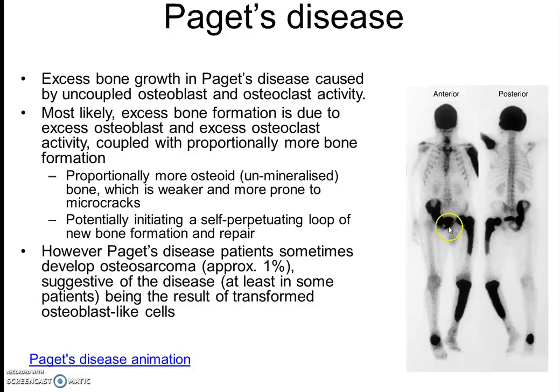That suggests this might represent a dysregulation of osteoblasts, and if those cells develop additional mutations later in life, they can develop into osteosarcoma in a very small proportion of patients. So this is a fascinating disease to study from that respect, because it may give us the early changes that happen prior to osteosarcoma starting, although the vast majority of patients do not get osteosarcoma.